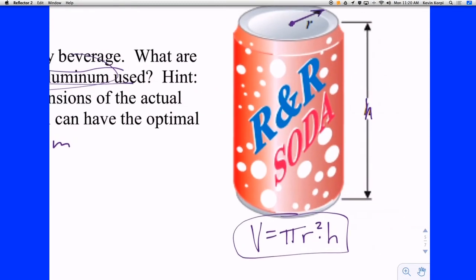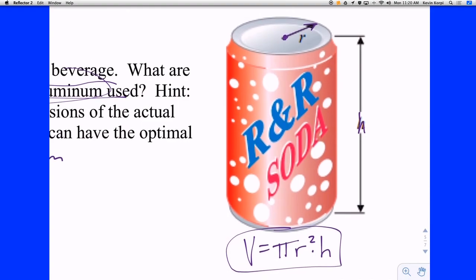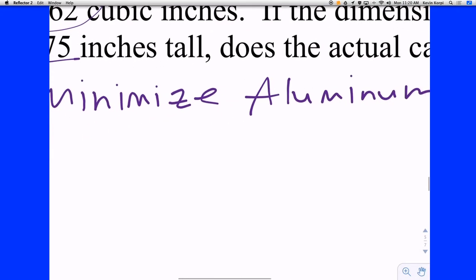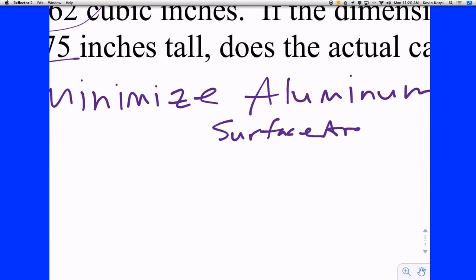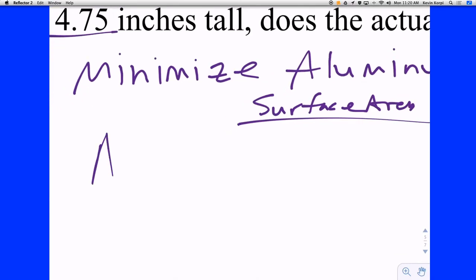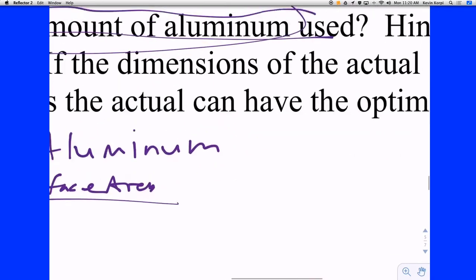Well, when we say minimize the aluminum, we say the amount of aluminum used in creating the can, which comes out to be which quantity? Surface area. There you go. So we're trying to minimize actually the surface area. So that's the equation I really need to start with. So let's call A for area and the surface area.